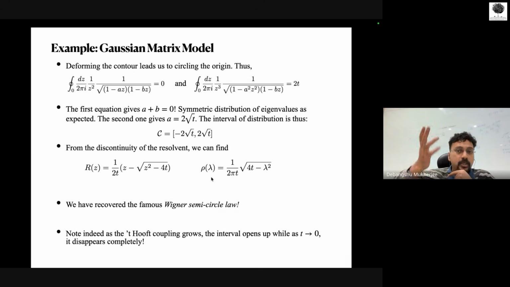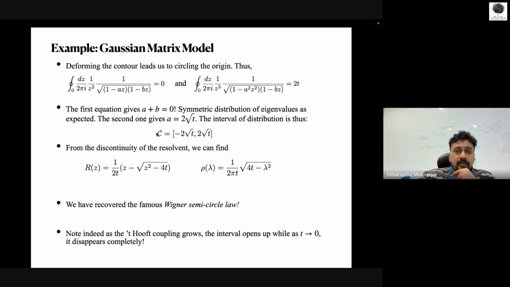One can check this numerically also. Maybe that is something I intend to show in the next lecture, how to numerically get to the Wigner semicircle law, at least for the unitary ensemble.